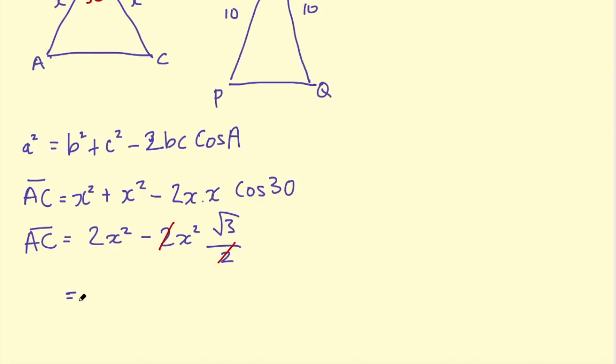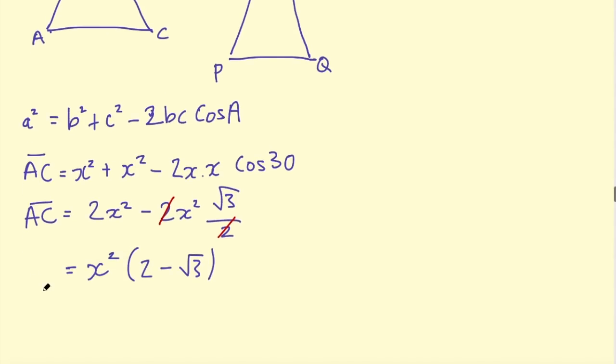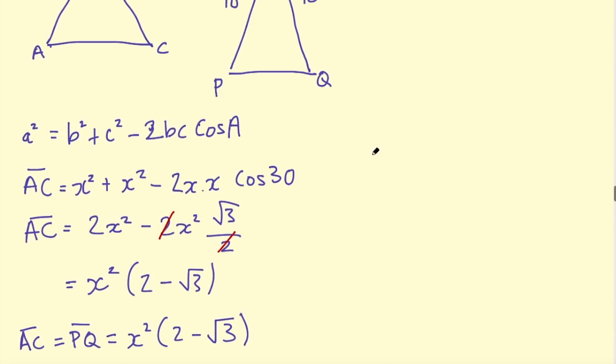And then factorize the x squared out, so we've got x squared times 2 minus root 3. So I've got a nice neat expression for AC, and I know that AC equals PQ, so I can say that line AC equals line PQ equals x squared times 2 minus root 3, and that's an important line to put in just to show your working out.